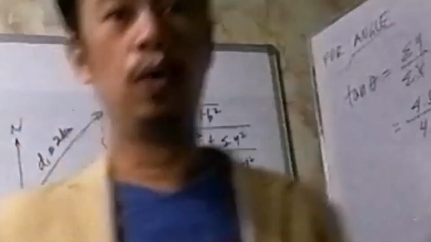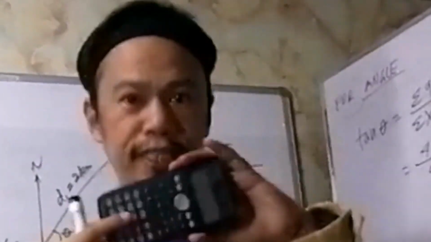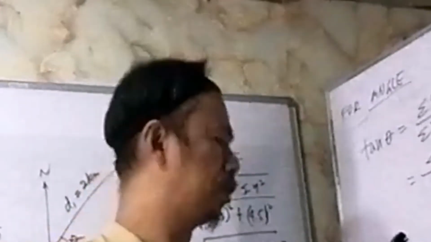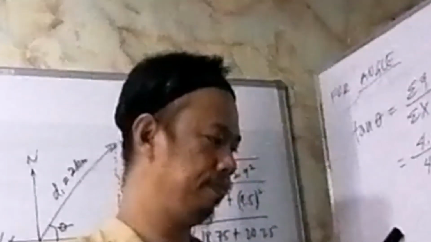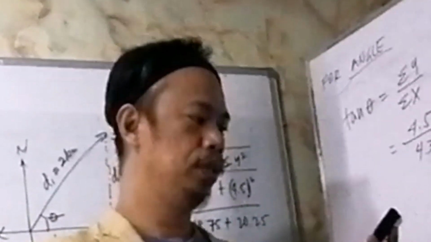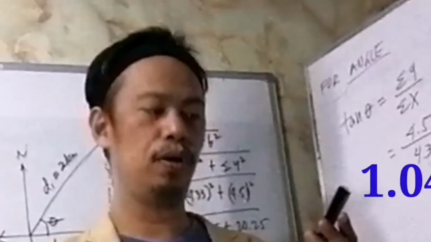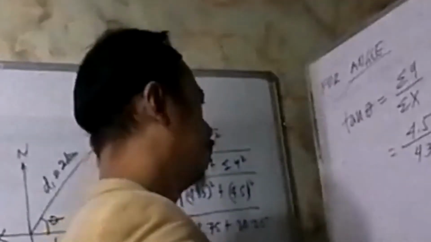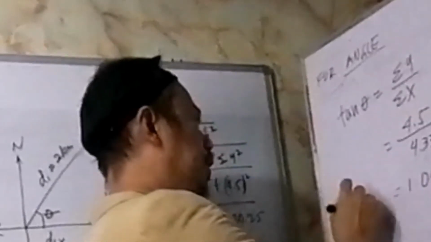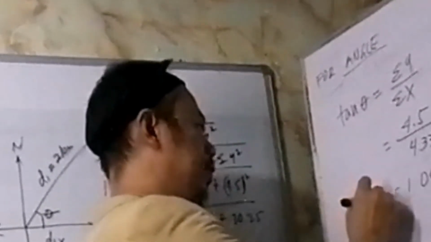And then 4.5 for the y. Okay? So, don't forget your cycle. You get your cycle, you divide the value. So, 4.5 divided by 4.33. So, we got 1.04. Okay?